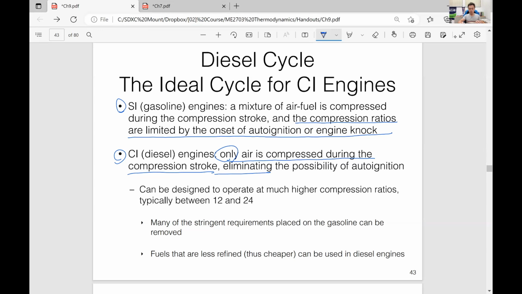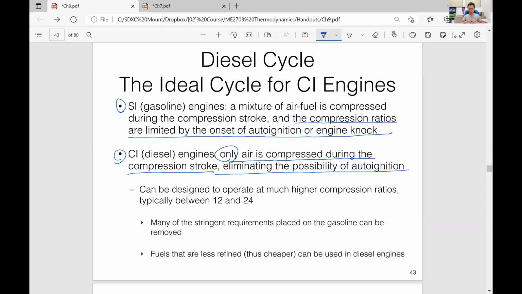So there will be no possibility for auto-ignition, right? We can compress air as much as we want. Theoretically, but of course there are other limits.